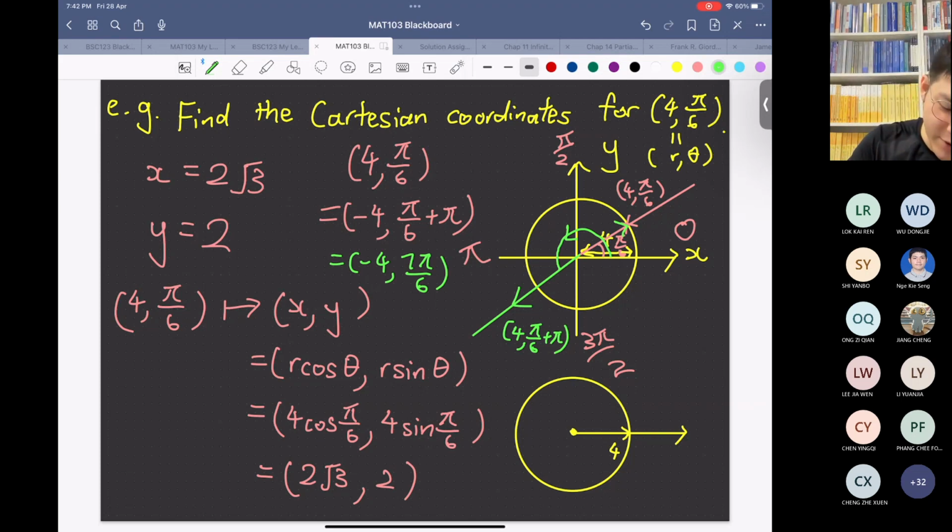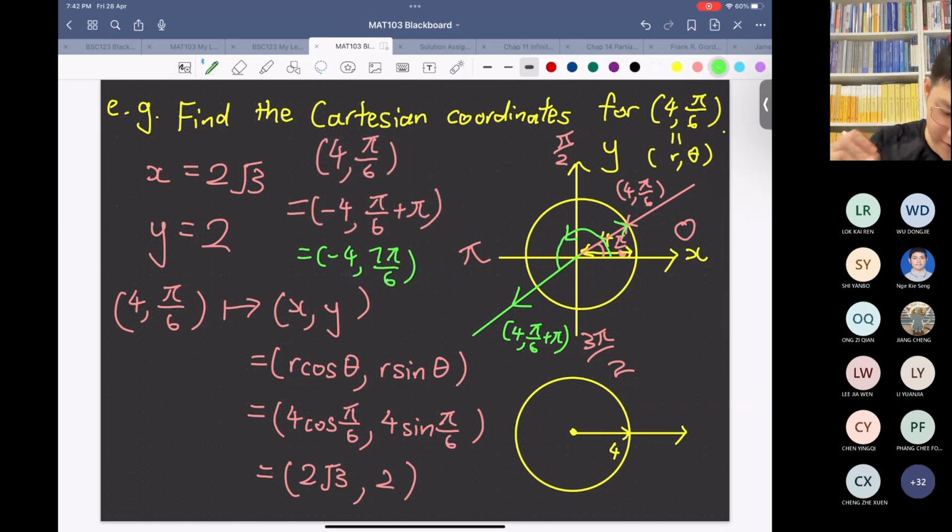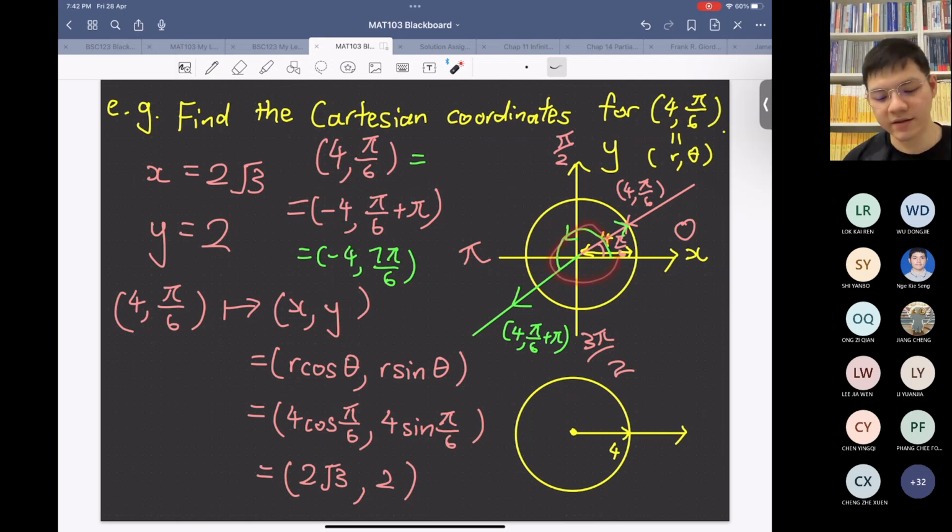I still want to write this point another way. What if I make my angle clockwise instead of anti-clockwise? Let's say I want to go clockwise, meaning minus theta.